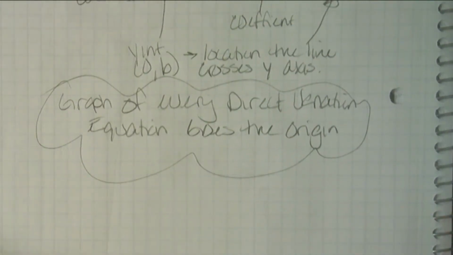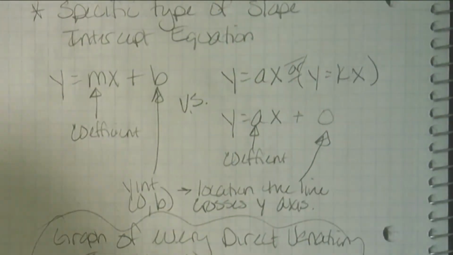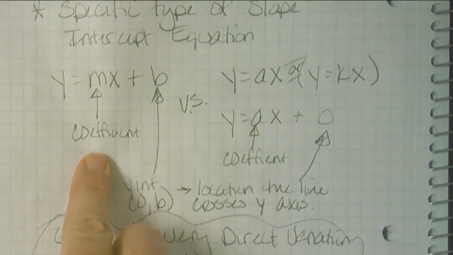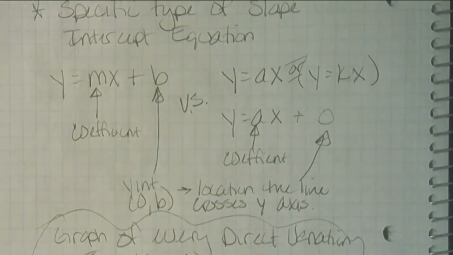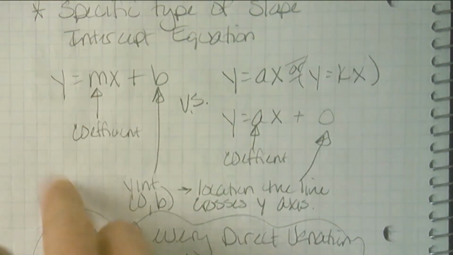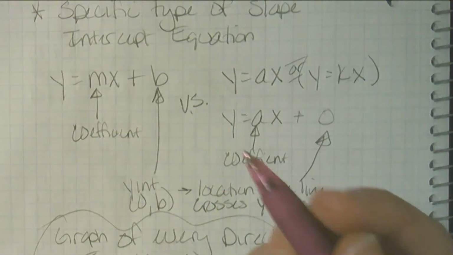All right, so what I want to do is let's label, I told you we go back to the coefficient. In our slope-intercept form, what is the coefficient of my x called? Joseph? It is m.